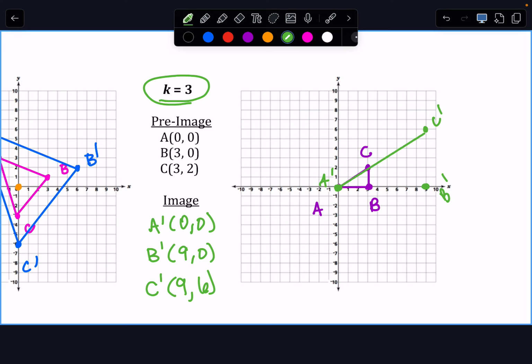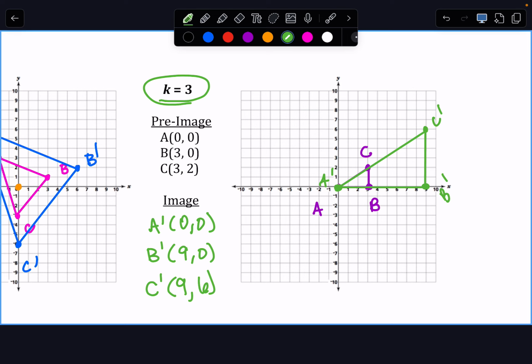Now, what I really like about this is since one of the points is at our center, we actually have our shapes overlapping, and we can see we have this visual of our proportional side lengths.